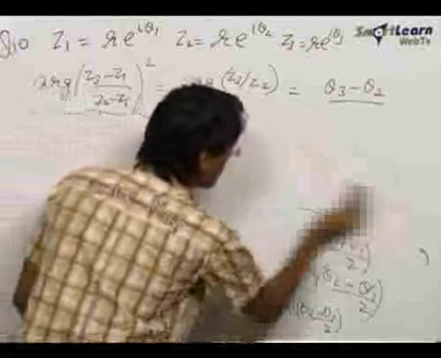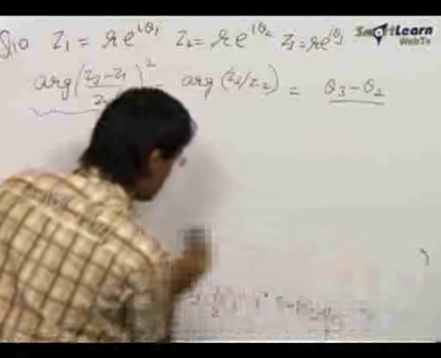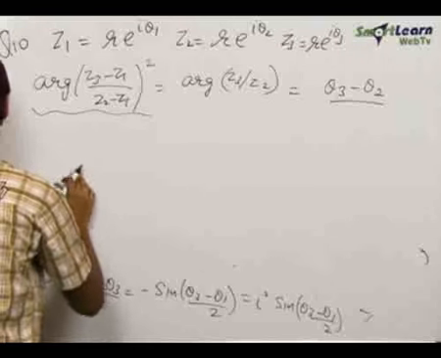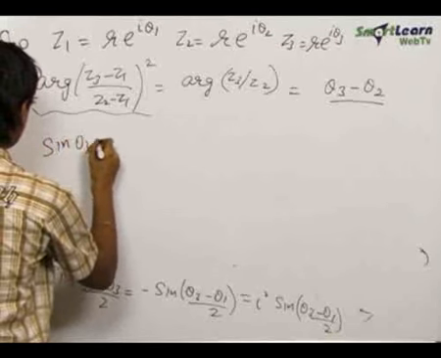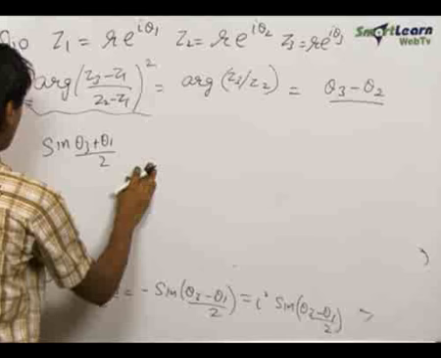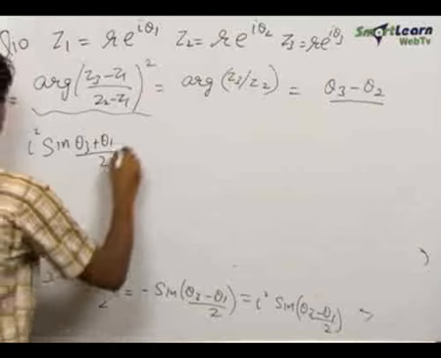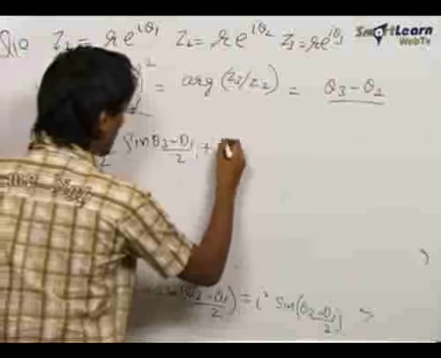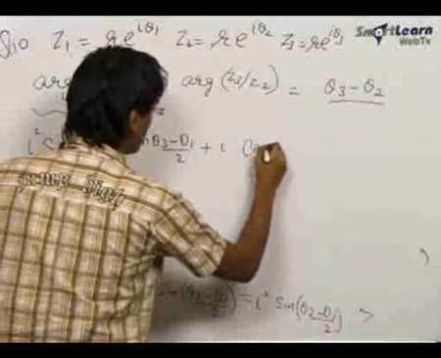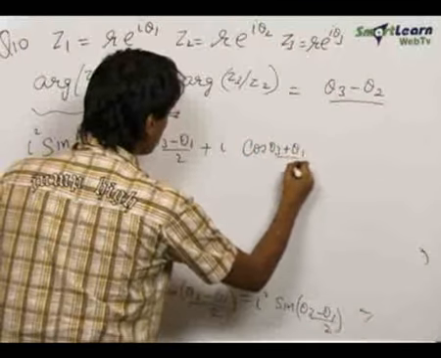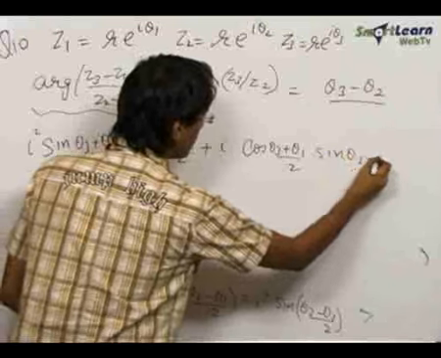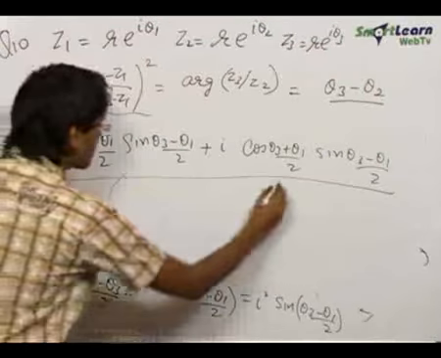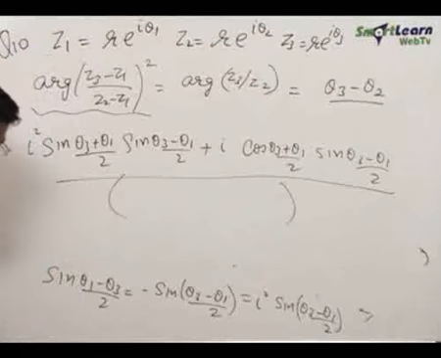So the given expression can be rewritten as sin((θ3 + θ1)/2) i² sin((θ3 − θ1)/2) + i cos((θ3 + θ1)/2) sin((θ3 − θ1)/2), divided by the entire expression replacing θ3 by θ2.